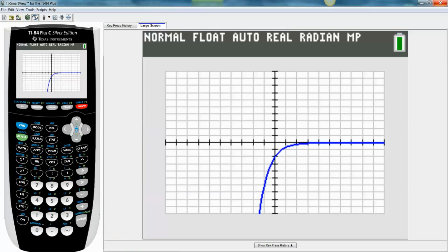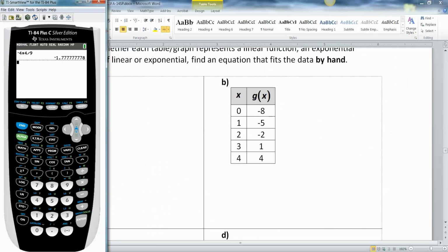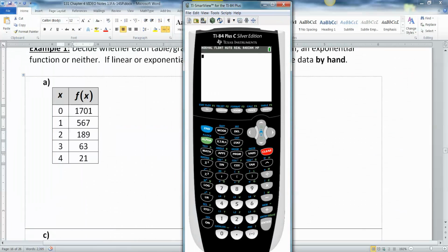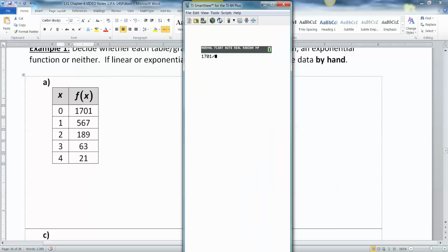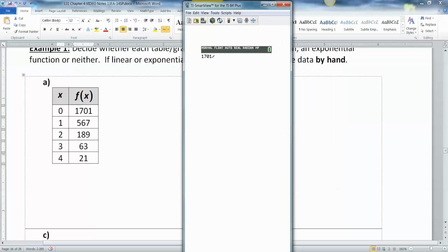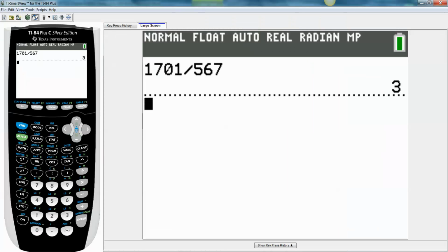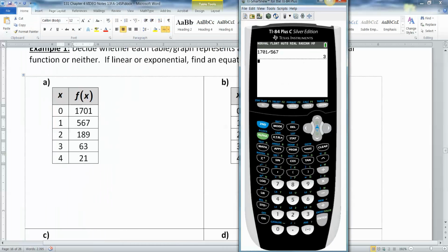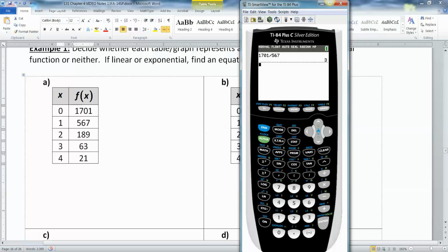Let's check it out. All right, so let's take 1701 and divide it by 567, which is 3. 567 divided by 189 is 3. 189 divided by 63 is 3.